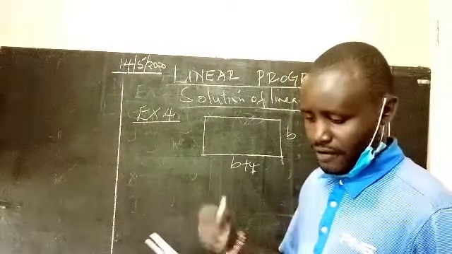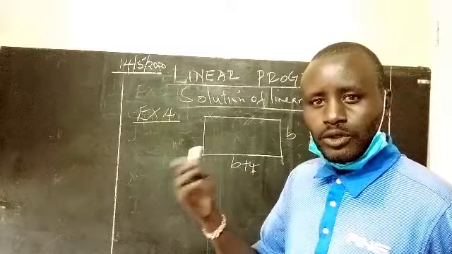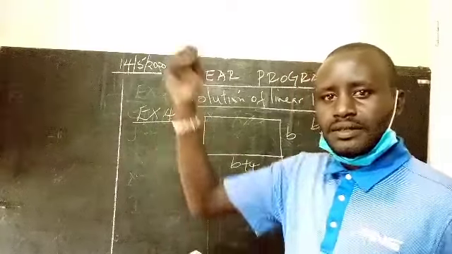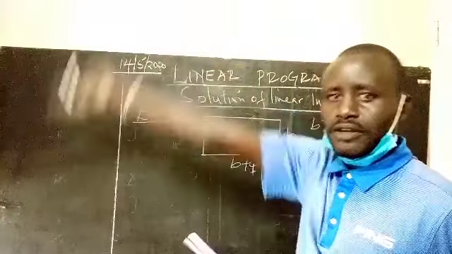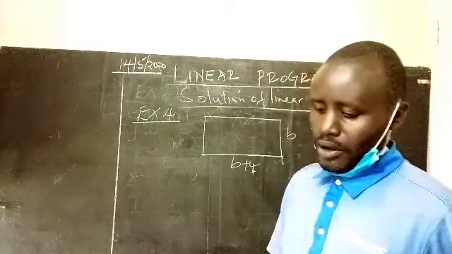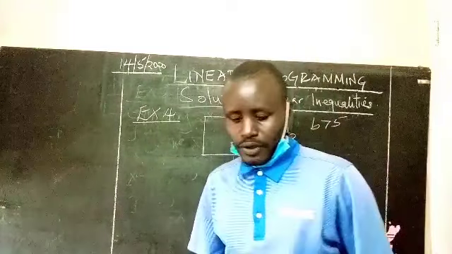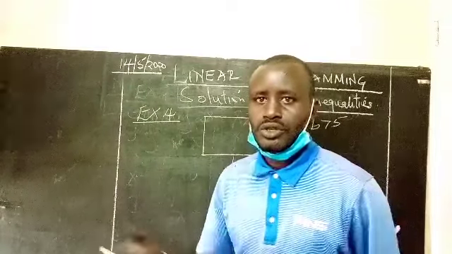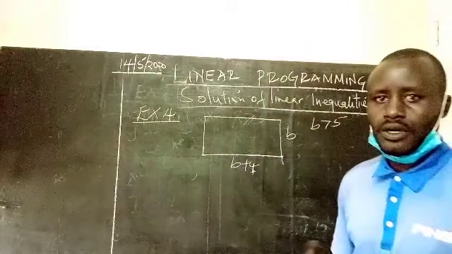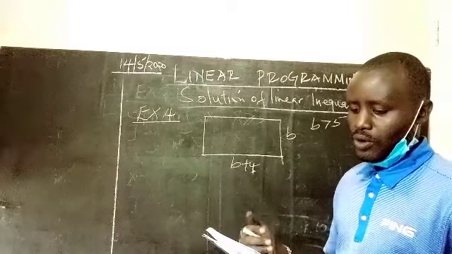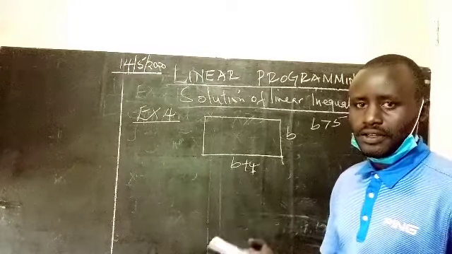It is more than 5. It is either 5.1, 5.2, or you can just say it is 6, 7, 8. It's more than 5. It is not exactly 5. Given that the width of the room is b, find the range of values of b satisfying all the inequalities representing the given situation.